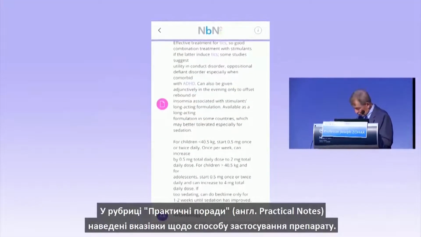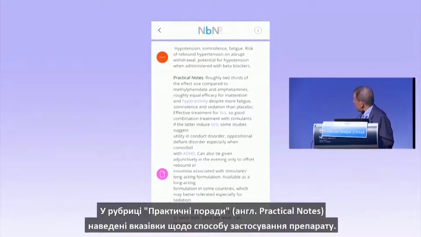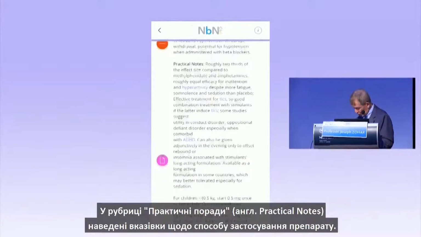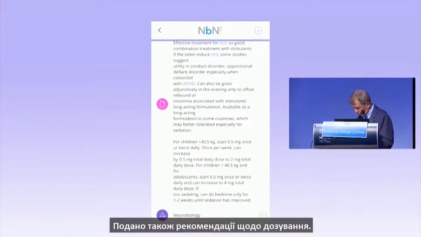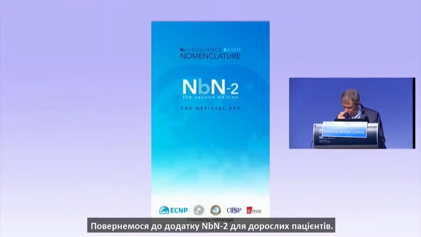Again, in the practical note, we see that there is some recommendation, some point about how to use the medication, and there are some recommendations regarding the dose. Just before I finish, let me give you another example.